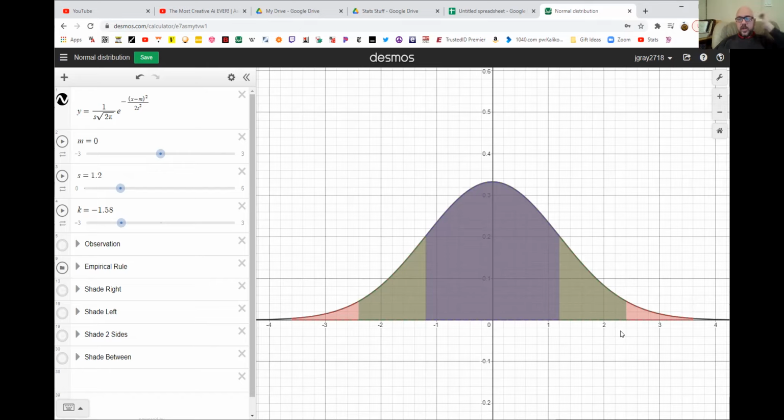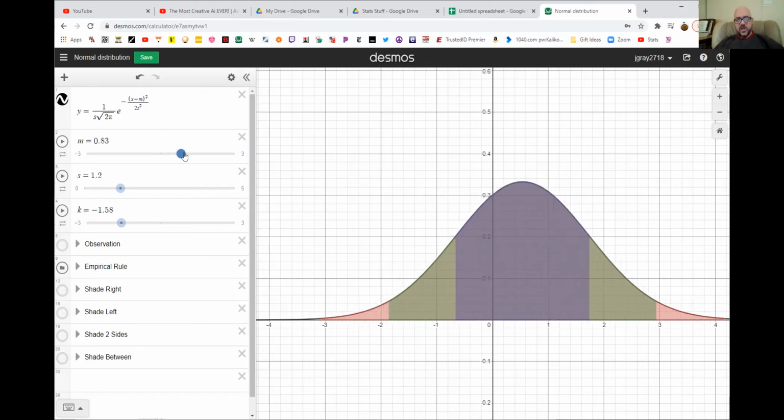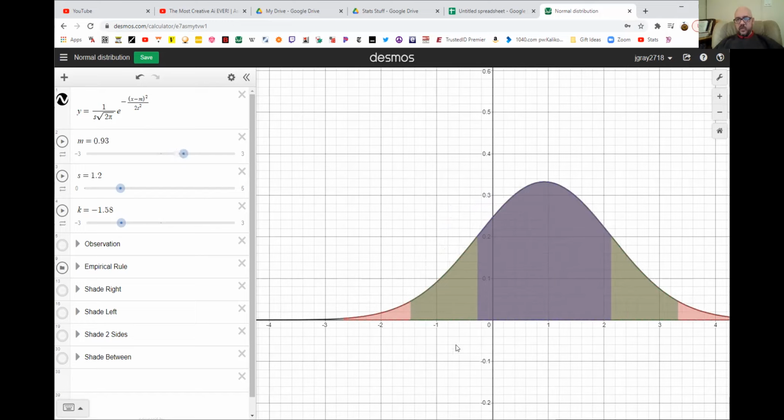So that's what I mean when I'm talking about being within a certain number of standard deviations of the mean. Both sides, where I'm measuring not in numbers or data values, but in standard deviations. And I don't know if this was clear or not, but if I change the mean, everything moves with it, right?